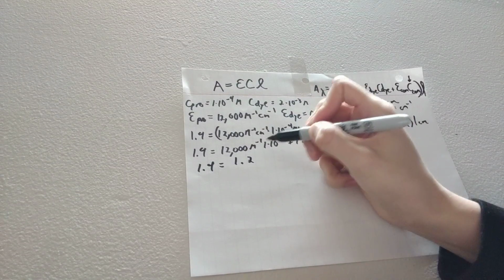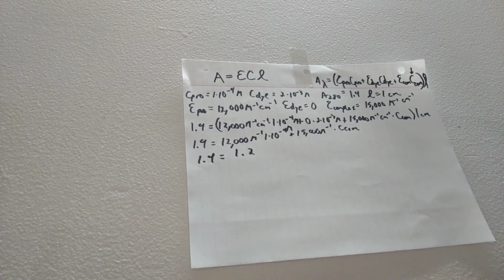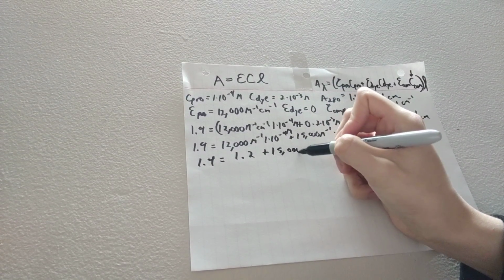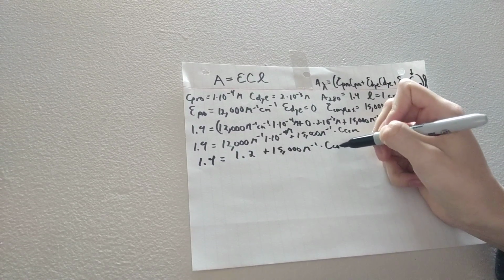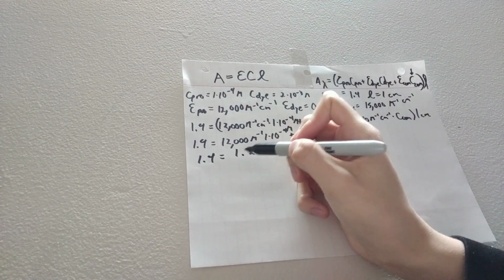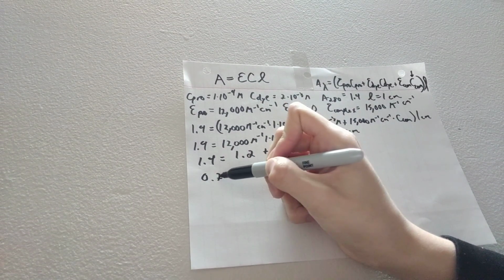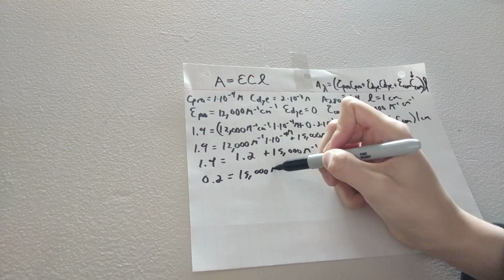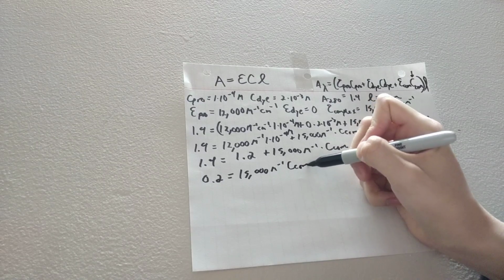1.2 right here. The molar units cancel out. And then here, I still have my 15,000 per molar times the concentration of the complex. Here I'm going to subtract 1.4 minus 1.2, which is 0.2. That's equal to 15,000 per molar times the concentration of the complex.